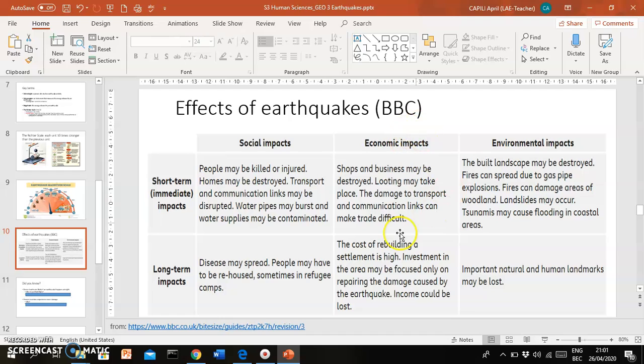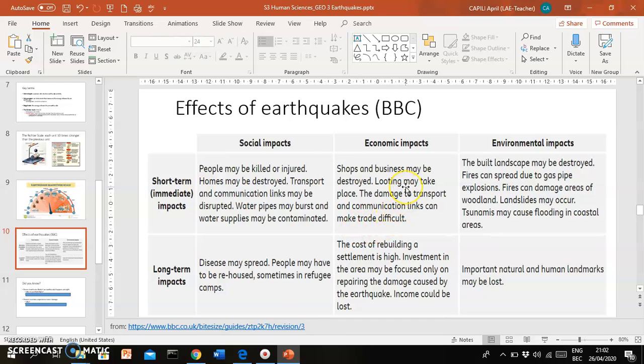Okay. Now, these are the effects of earthquakes. This is also from the BBC. Short-term social impact, for instance, you can get killed, you can get injured, your home might be destroyed, transportation is disrupted, etc. Maybe water pipes are damaged as well.